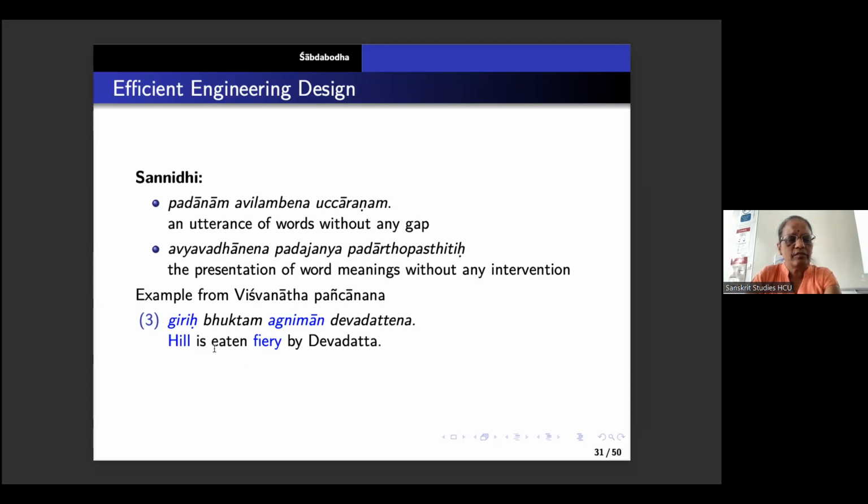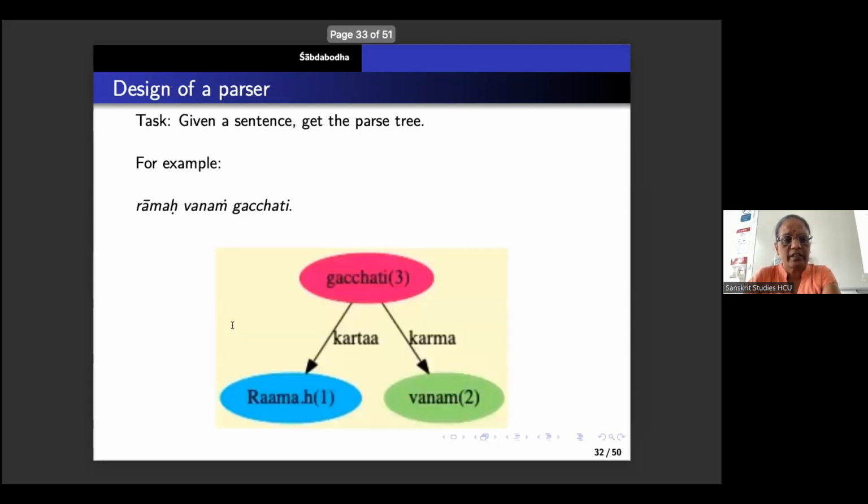This is something which is violating the proximity. The words which are related together are not together, but are intervened by something which is unrelated. And this further leads to sentences which are not understandable.